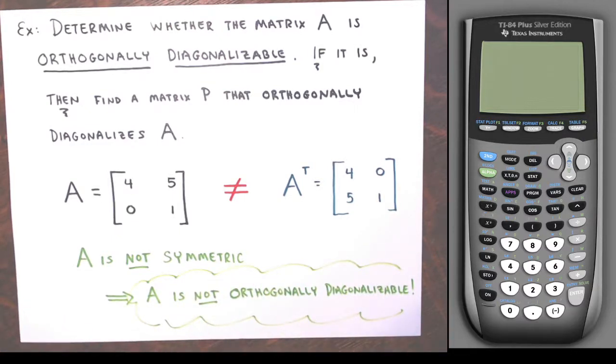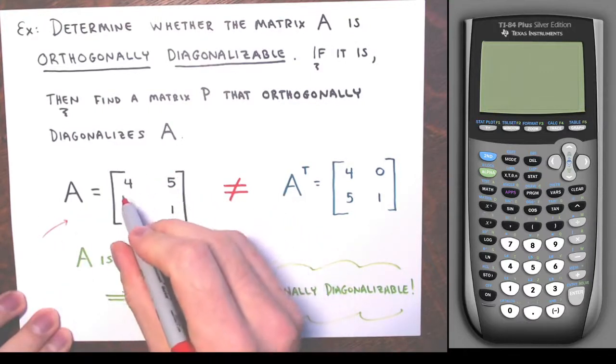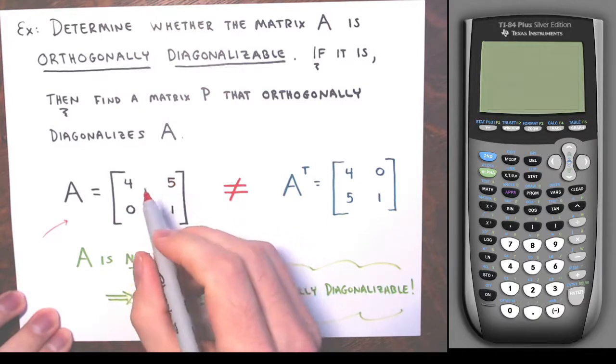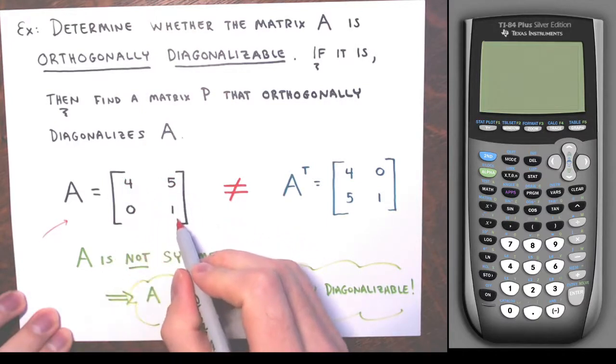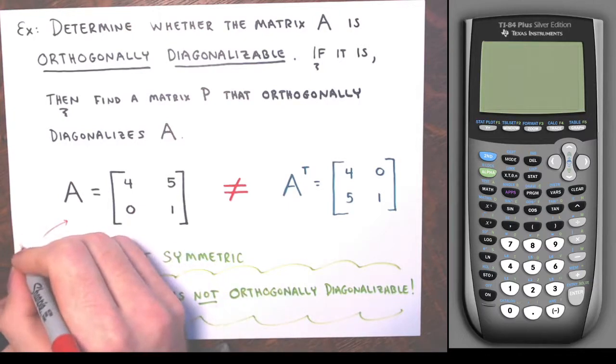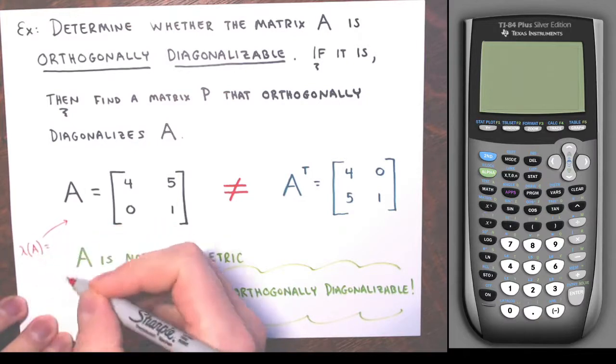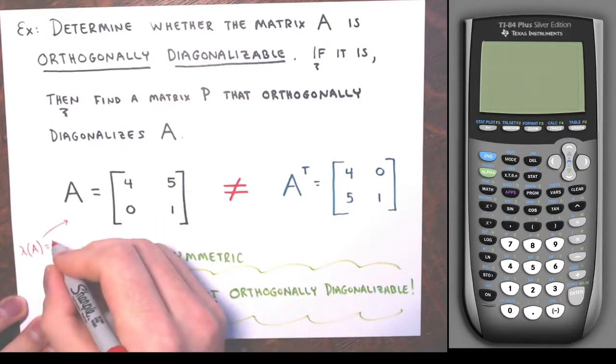Now, as I said earlier, just because a matrix isn't orthogonally diagonalizable doesn't mean it's not diagonalizable. If you recall here, A is an upper triangular matrix. The only non-zero entries are on or above the main diagonal, and everything below the main diagonal is 0. Remember the spectrum of A is the set of all the eigenvalues.